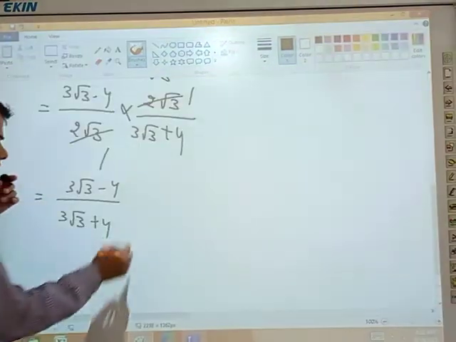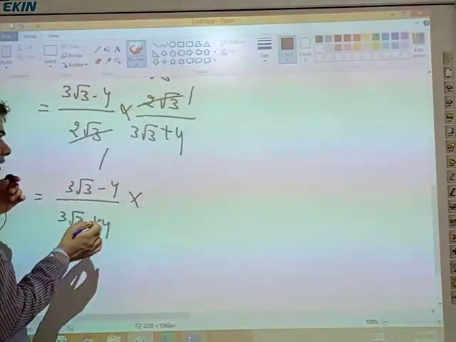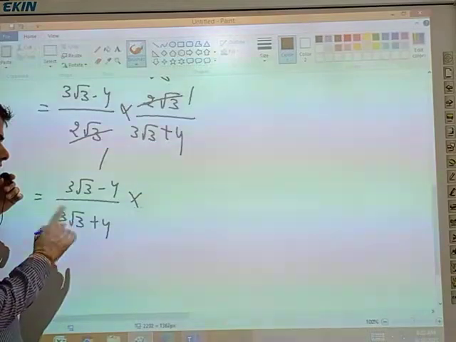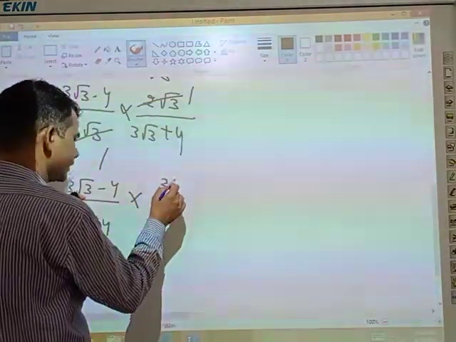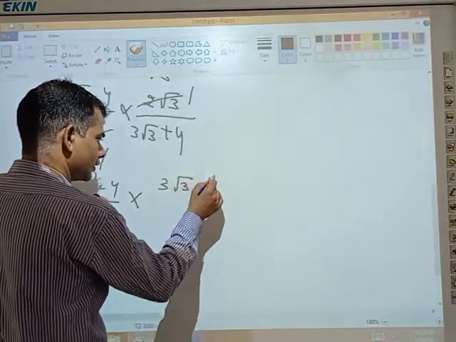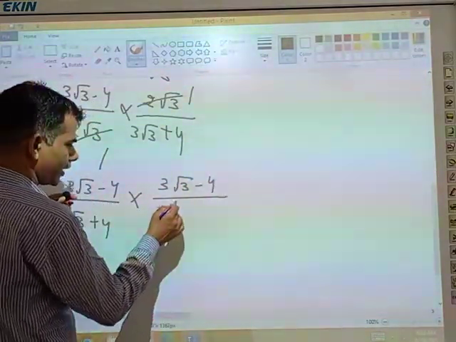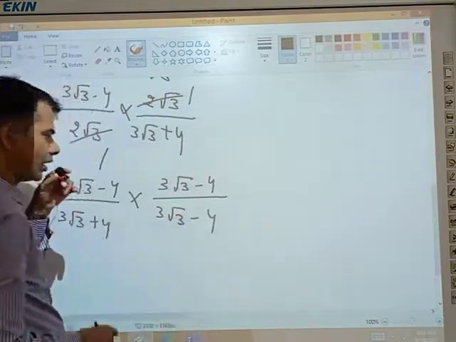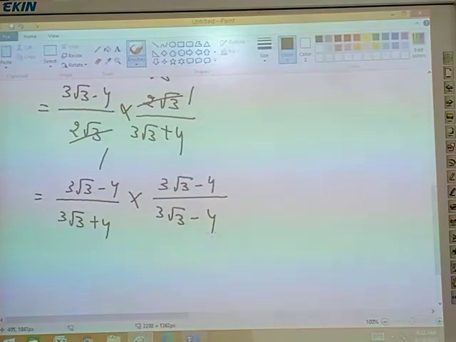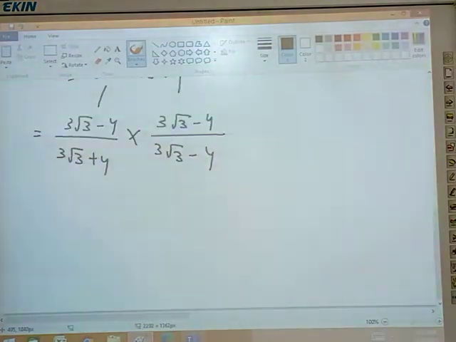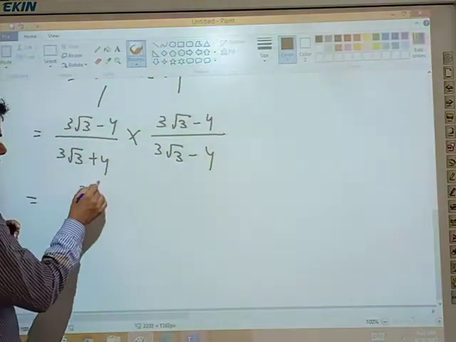In rationalization, if there is a plus sign, change it into a minus sign, and a minus sign into a plus sign. We multiply with the opposite sign of whatever is given. 3 root 3 minus 4, the same number multiplied and divided. Now it becomes 3 root 3 minus 4 to the whole square.